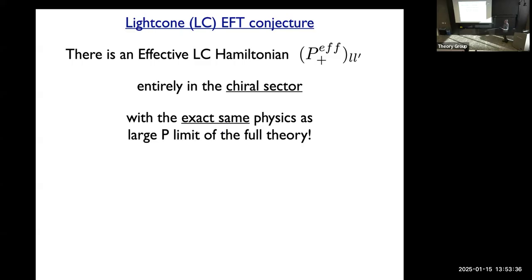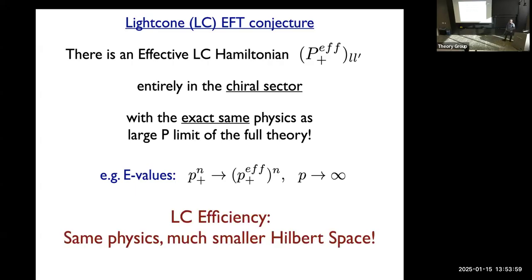So the idea is that there is some effective light cone Hamiltonian that only acts within that subspace, within the chiral Virasoro, the left-handed descendants of the vacuum or of the chiral sector. And it has the exact same physics in the large P limit of the full theory. For example, it has the same eigenvalues and the same correlators.